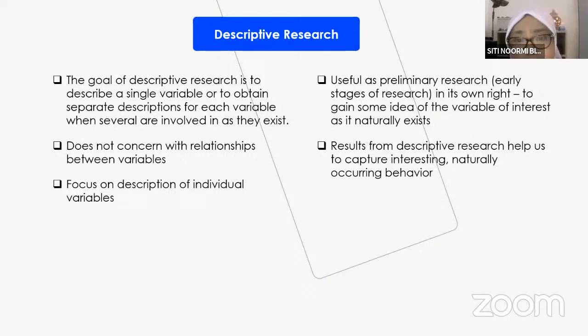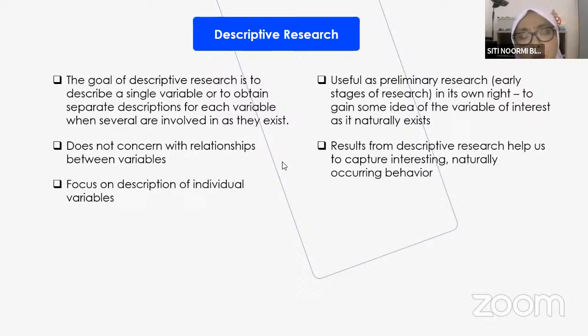Meaning that the concern is about describing the single variable or probably multiple variables. If your study involves multiple variables, the concern is you want to describe each individual variable, and it does not concern relationships between variables.